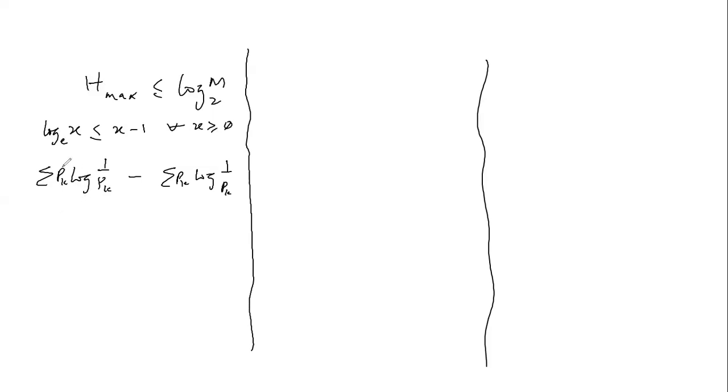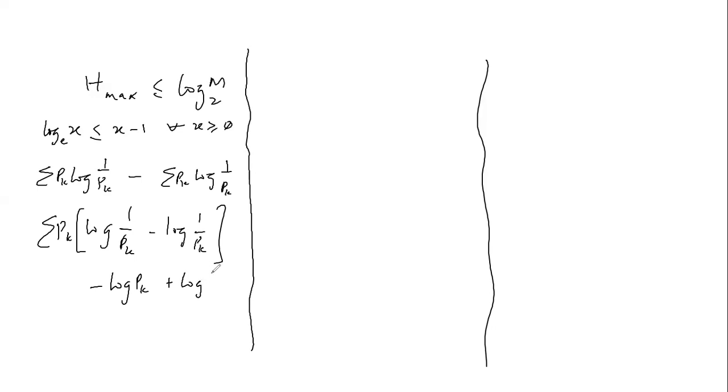So here we can say p_k log 1 over p_k minus log 1 over q_k, which will be minus log p_k plus log q_k, which will now be log of q_k divided by p_k.